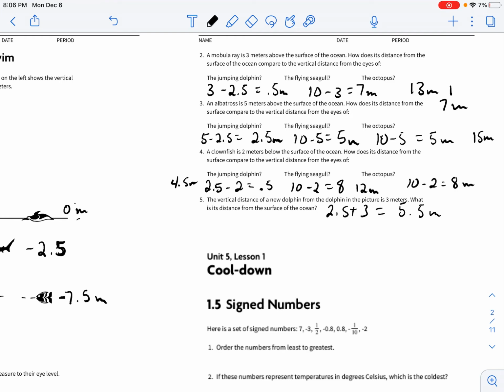The vertical distance of a new dolphin from the dolphin. Yep, so then that would be 2.5 minus 3, which is going to give you a negative 0.5.